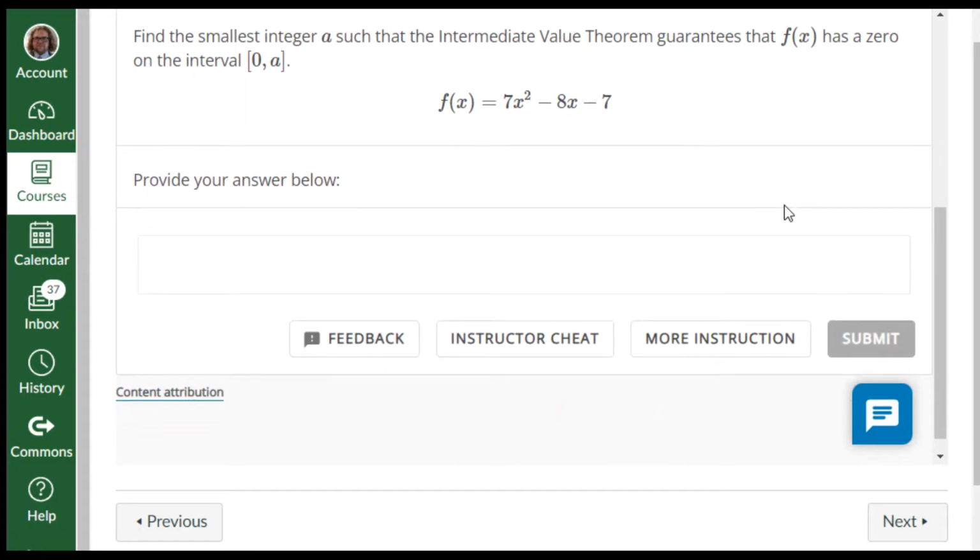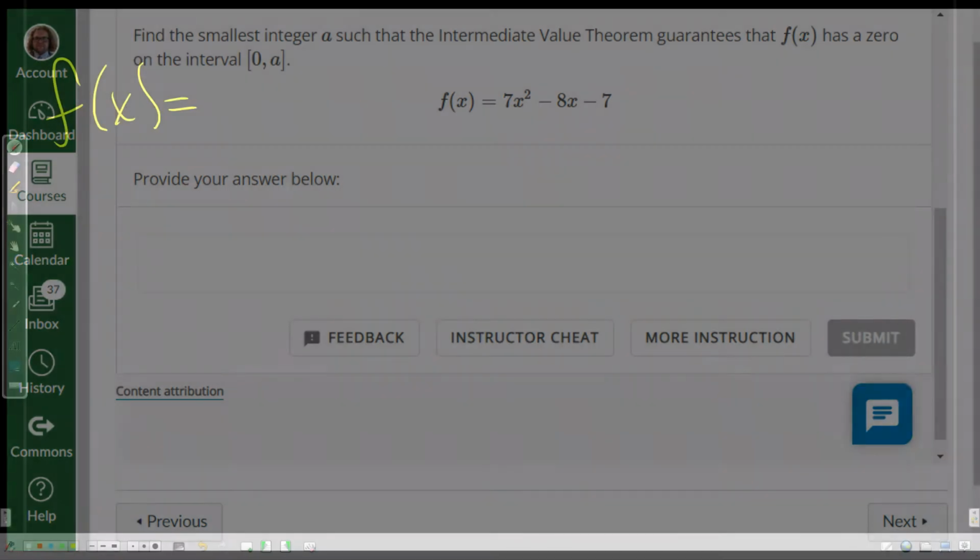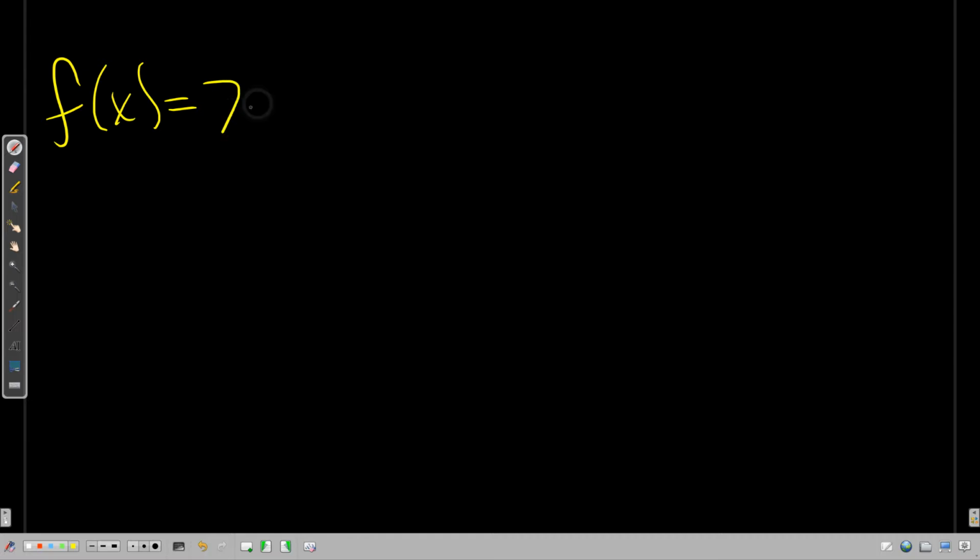Find the smallest integer a such that the intermediate value theorem guarantees that f has a 0 on the interval from 0 to a. And the function I am given is 7x squared minus 8x minus 7.